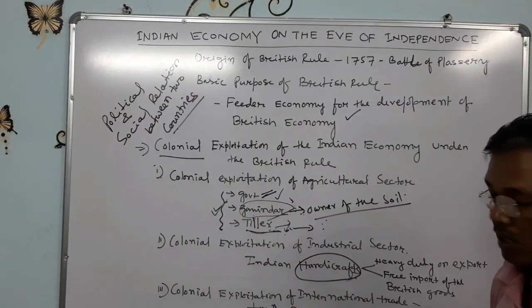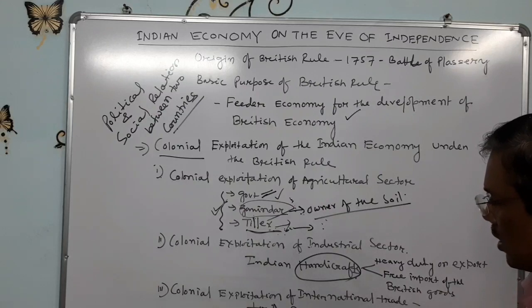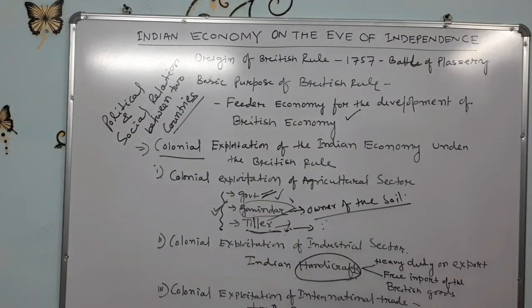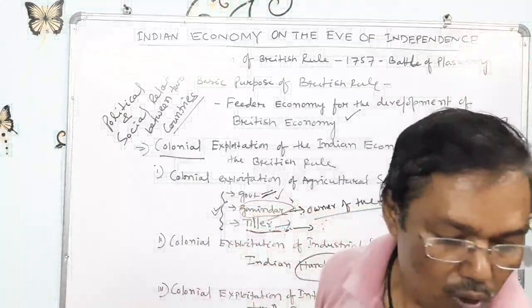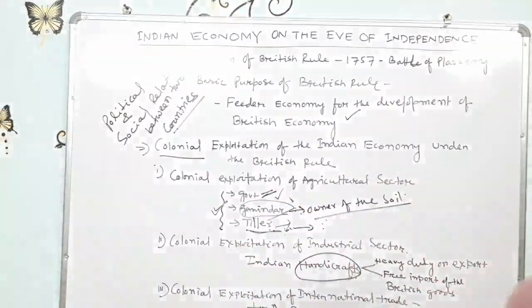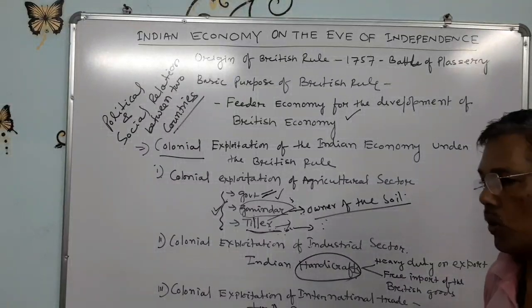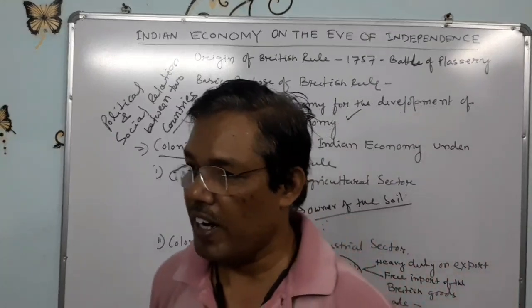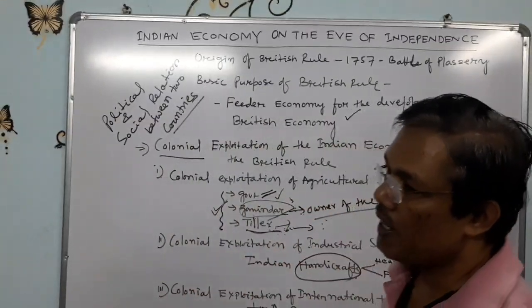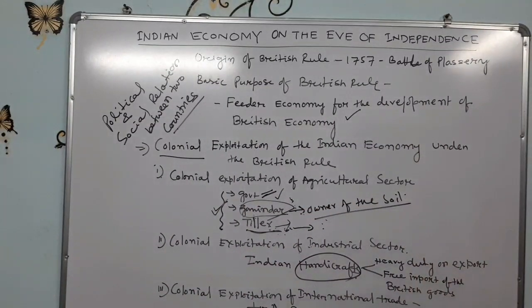It means before the Britishers entered our country and established the colonial system, India was famous and well known for our handicraft works. These handicraft works were exported to different countries, and India was earning a lot of foreign currency.